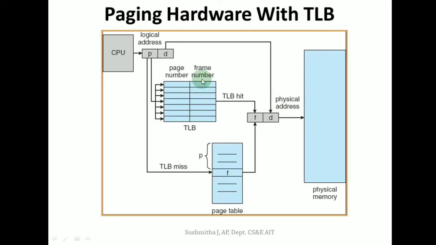Now, if the page number is not found in the TLB, it is a TLB miss. Then the page number is found in the traditional way, by looking up the page table. So we look up the page table, the frame number is obtained, and then the physical address is determined.